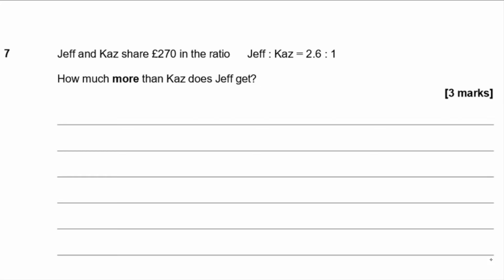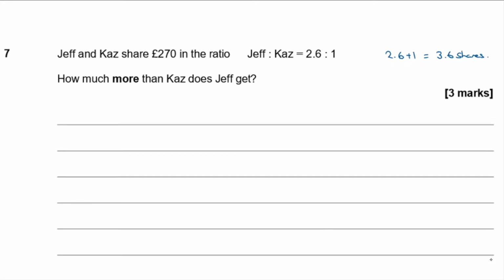Okay. So when we're dividing by a ratio, the first thing we need to know is the total number of shares, which we can get by taking the ratio and adding the two bits together. So 2.6 plus 1 means that if Jeff gets 2.6 shares for every Kaz is 1, then altogether there are 3.6 shares.